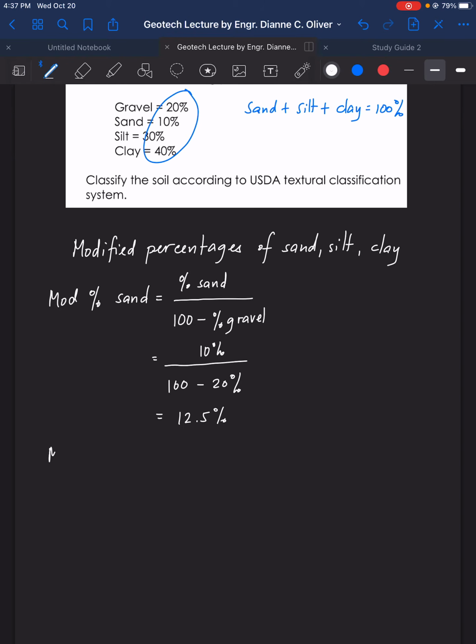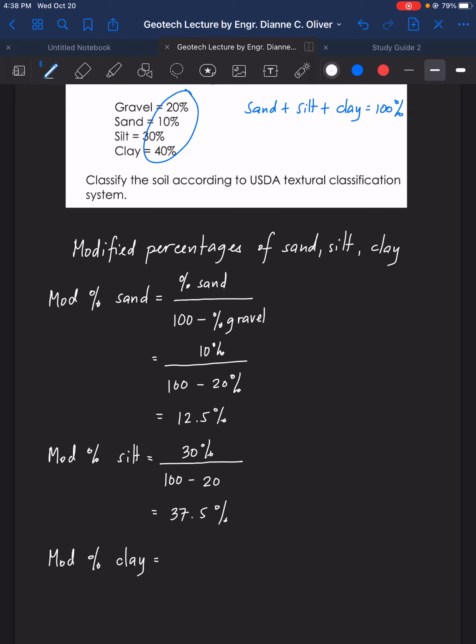Next, we have the modified percent of silt. That is equal to the percent of silt, which is 30%, over 100 minus the percent of gravel, which is 20. So, modified percent of silt is equal to 37.5%. Then we have here the modified percent of clay.